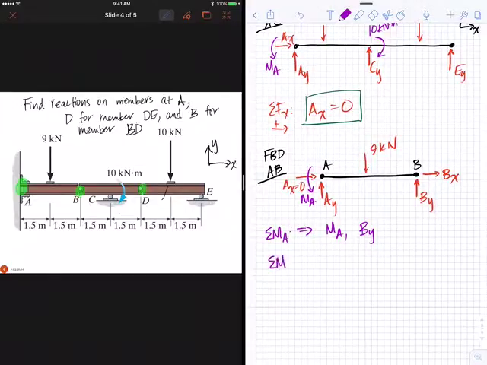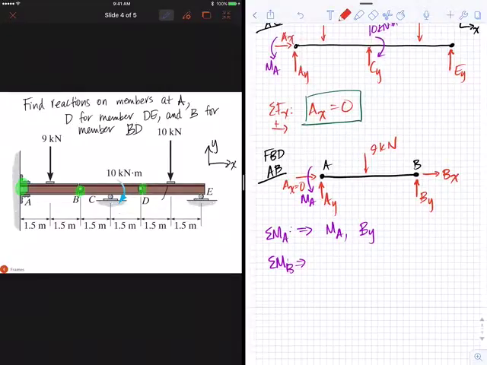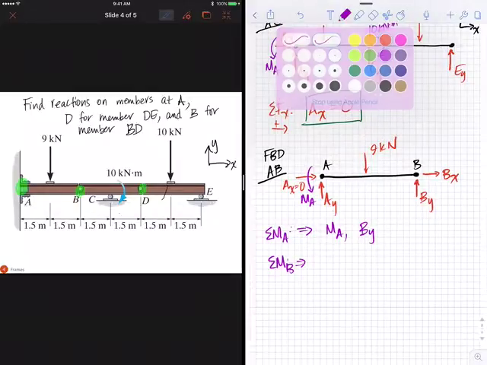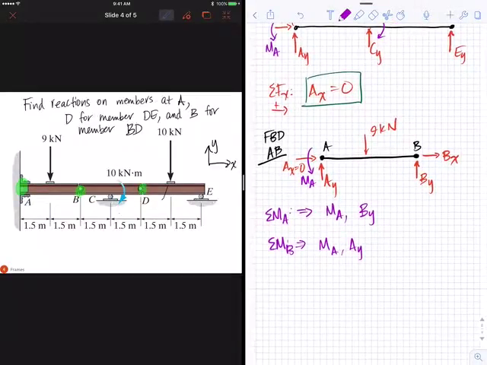If we take the sum of moments at B, that's going to be a function of MA again and AY. So now we have three unknowns. And then if we do sum of forces X, all that tells us is that BX is equal to 0, so at least that's not an unknown.